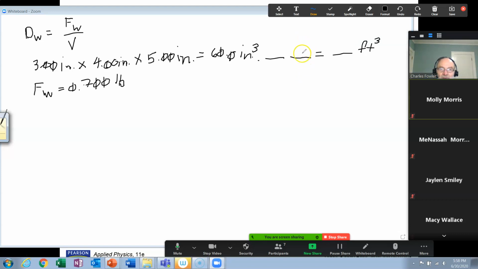One goes on top, one goes on bottom. Cubic inches one place, cubic feet the other. You tell me what goes where. You got it. Cubic feet on top and cubic inches on the bottom.